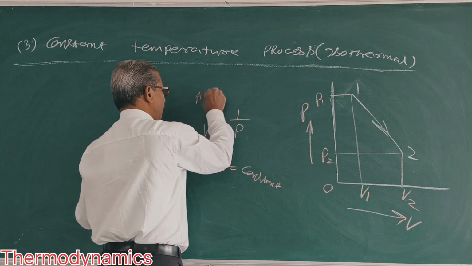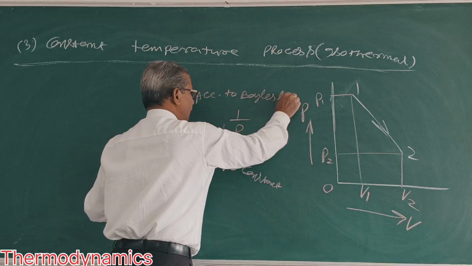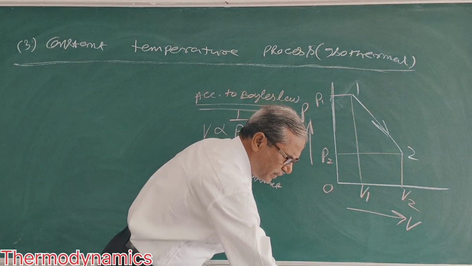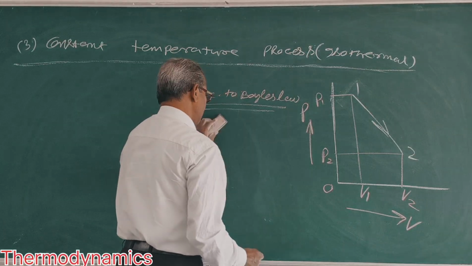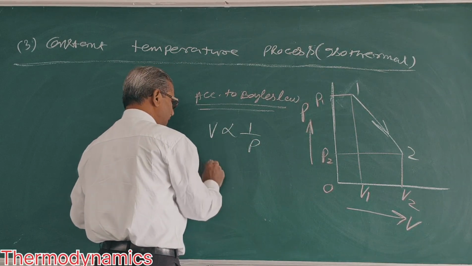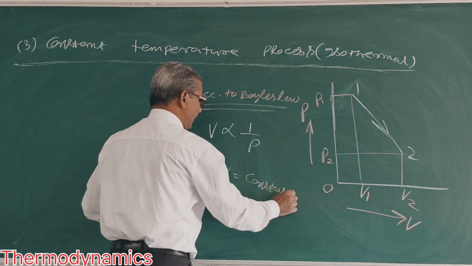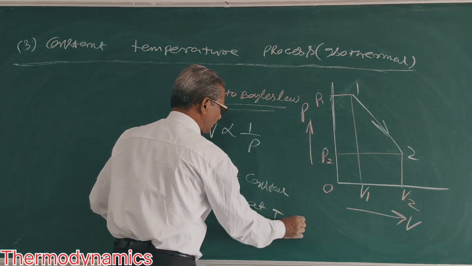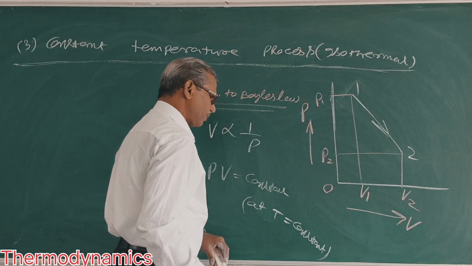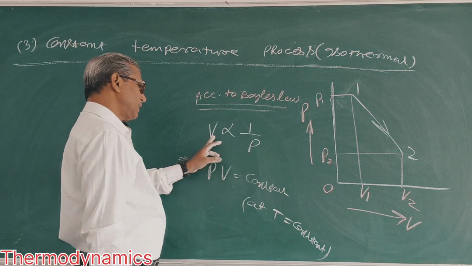According to Boyle's law, V is inversely proportional to P. This implies PV is equal to constant. Clear? When temperature remains constant, the volume is inversely proportional to pressure.